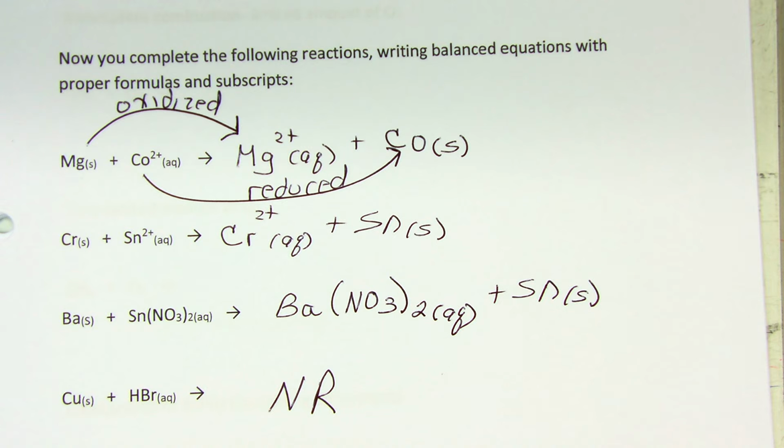Perfect. The more active the element, the more likely it is to be oxidized, or the easier it is to oxidize. Now, when I think about this, think about rust on your car.